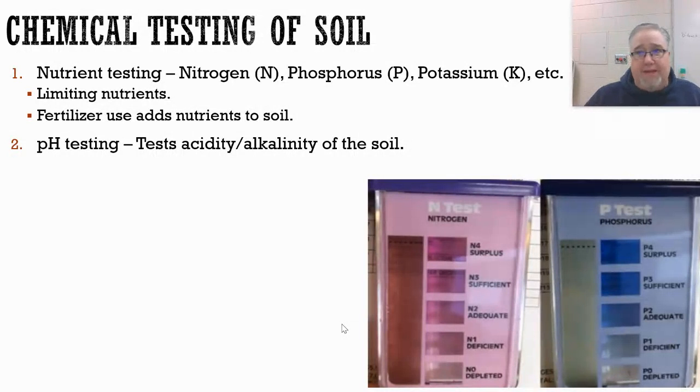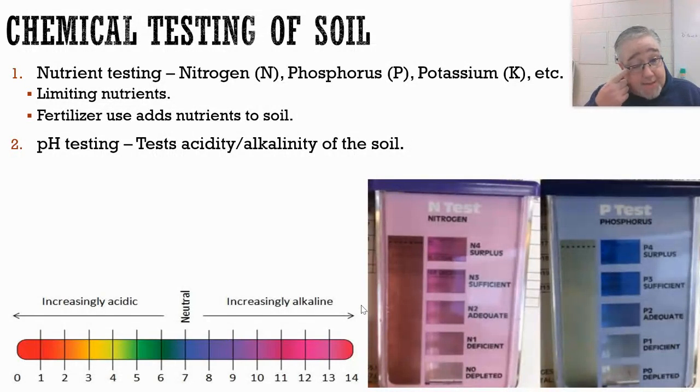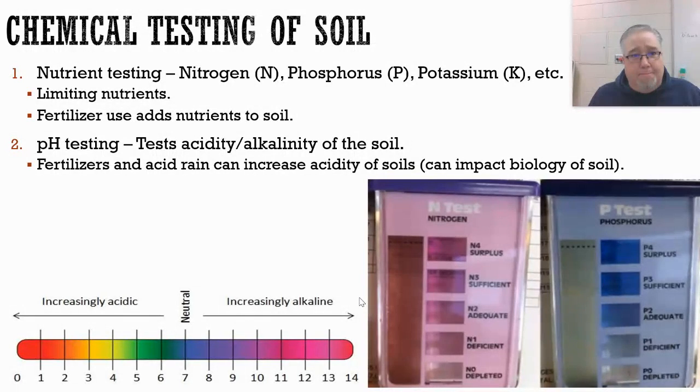Another thing that we can test for fairly easily is pH. The pH of the soil tests either for the acidity or the alkalinity, how basic the soil is. Fertilizers can actually increase the acidity of the soil. So if too much fertilizer is being added, that would make the soil much more acidic than what it normally would be.